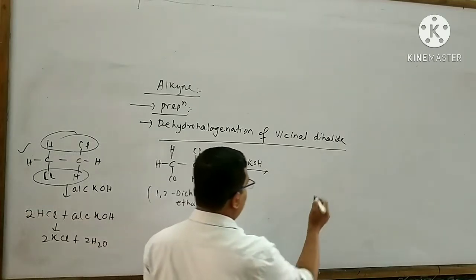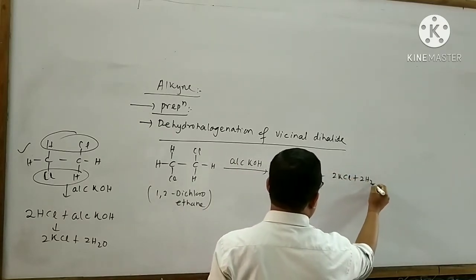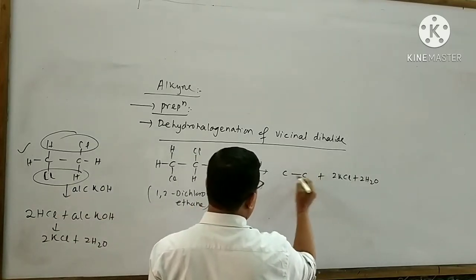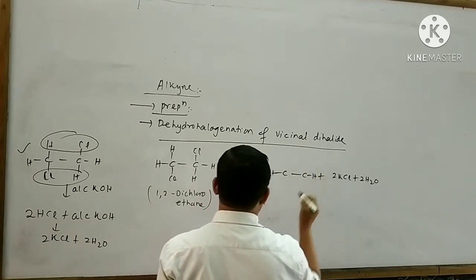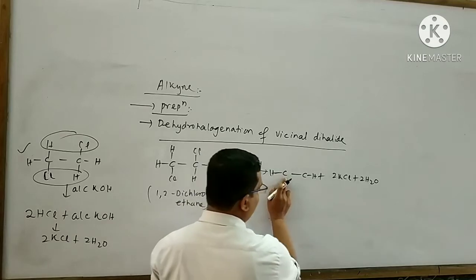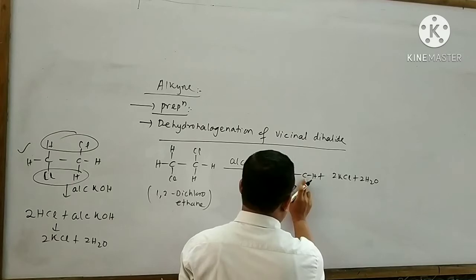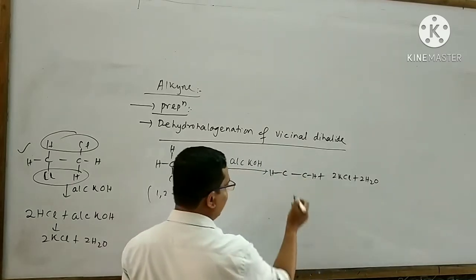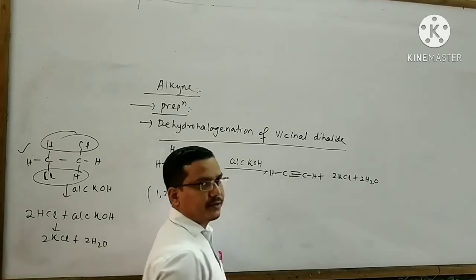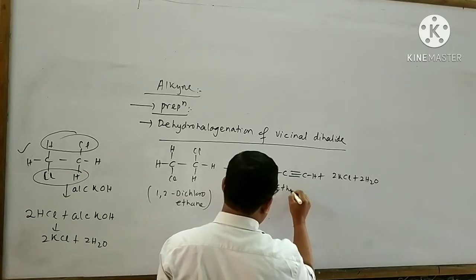So here I can write 2 KCl plus 2 water. Now the remaining part is written like this. Look at that. Your two bonds are in empty condition. Here also two bonds are in empty condition. It can be stabilized by giving a triple bond in between these carbon atoms. The name of this compound is said to be ethyne.